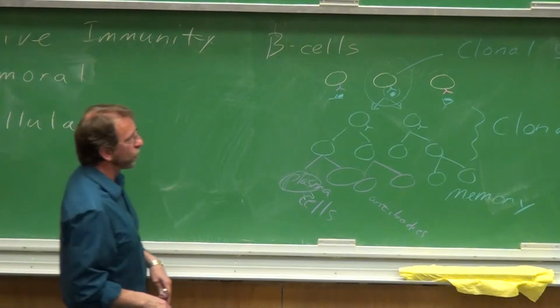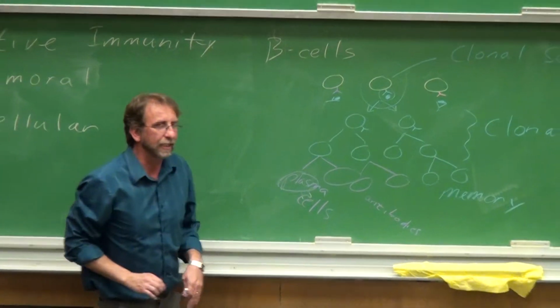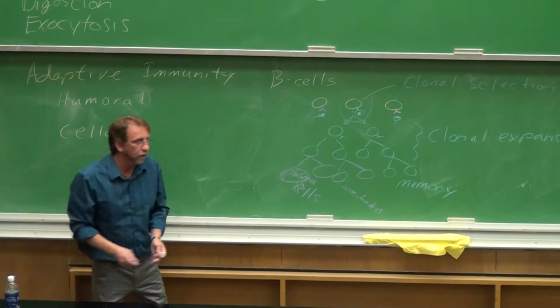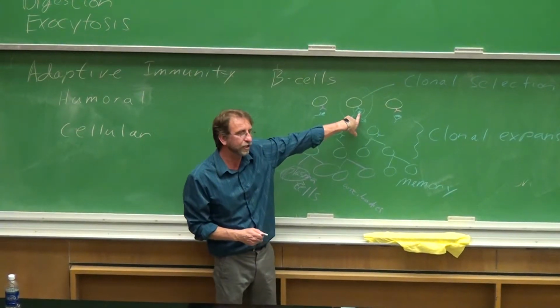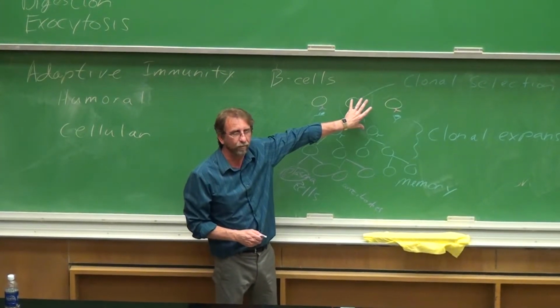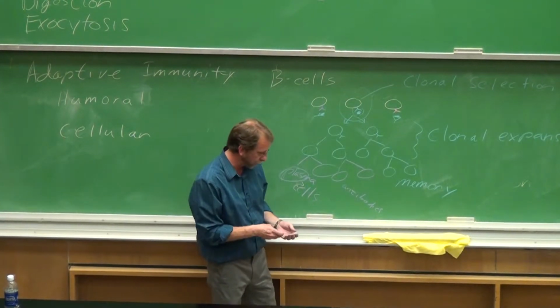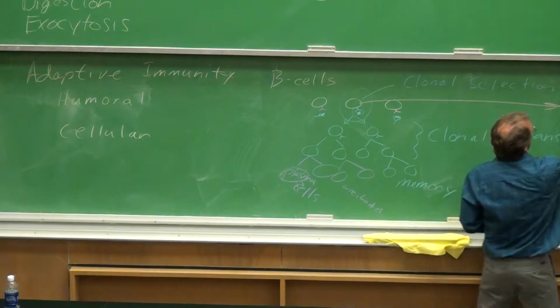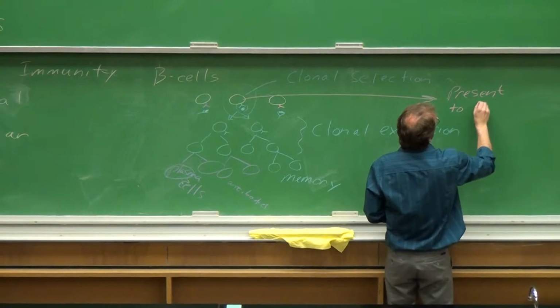See, what I haven't told you yet is this clonal expansion that goes on needs input. It doesn't happen automatically. The B cell that binds to this antigen needs information. It's not enough that it recognizes that antigen. What it has to do is now take that antigen and present it to a T cell.